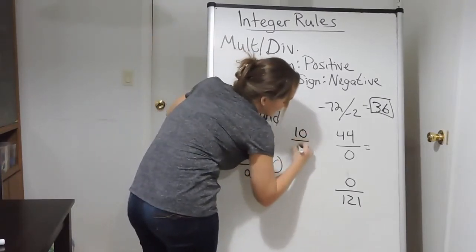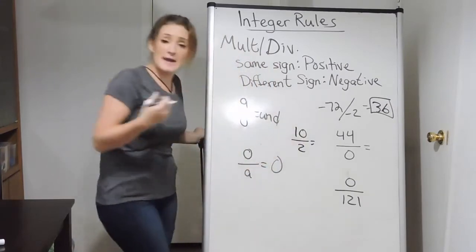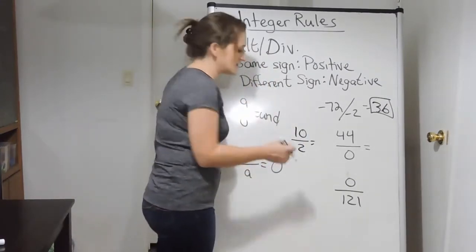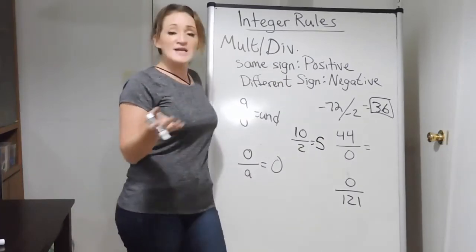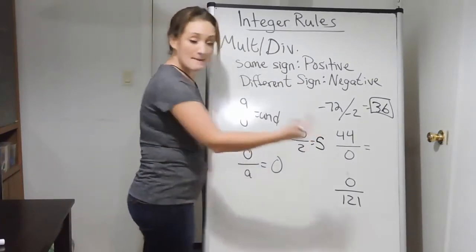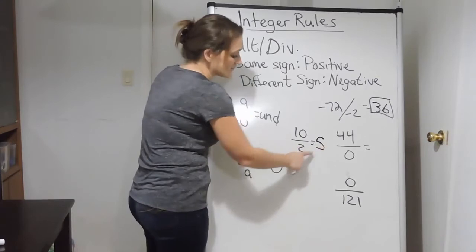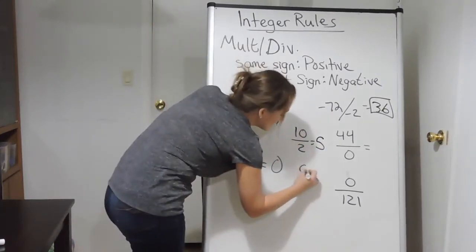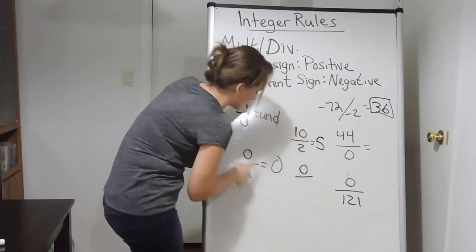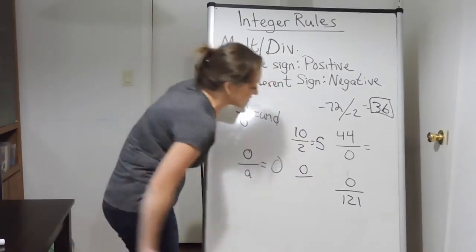If I have the division problem 10 divided by 2, hopefully we do know that 10 divided by 2 is 5. And the way that we can check our work is to backtrack and do 5 times 2 is 10, right?